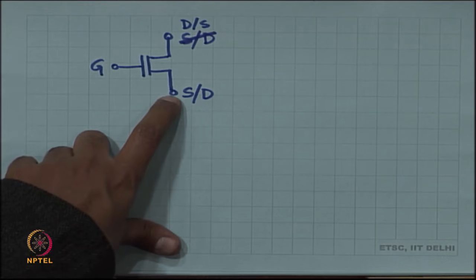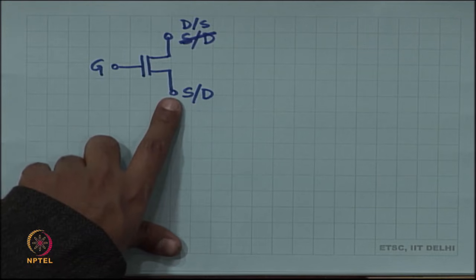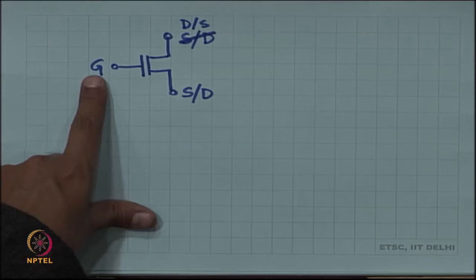Likewise, this terminal could have been the source, but it could also be the drain, there is no marker. Okay. However, this is the gate.